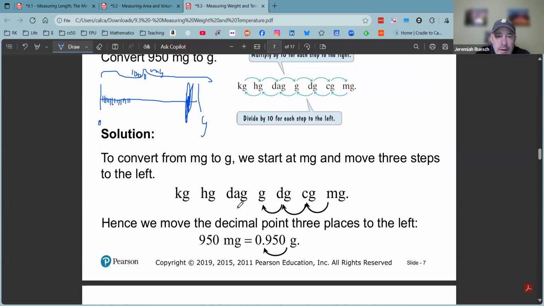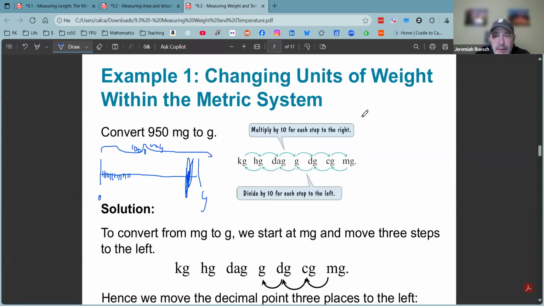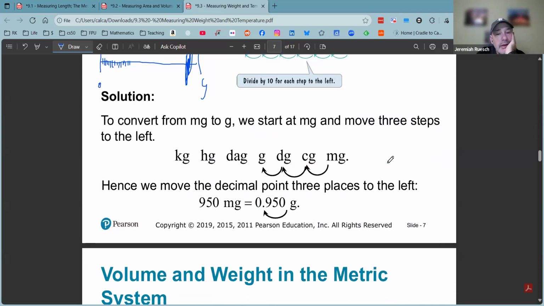The way that we can do that is just like before, we have 950 milligrams. And if I want grams, then I'm going to put milligrams on the bottom. For every 1 gram, there is 0.001 micrograms, and so the units cancel out. Dividing by 0.001 is the same thing as multiplying by 1,000.